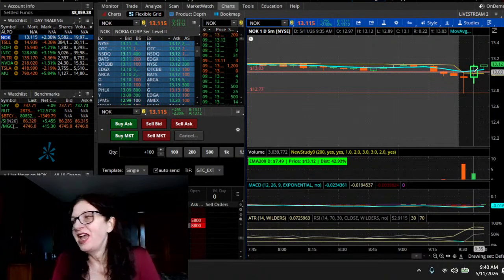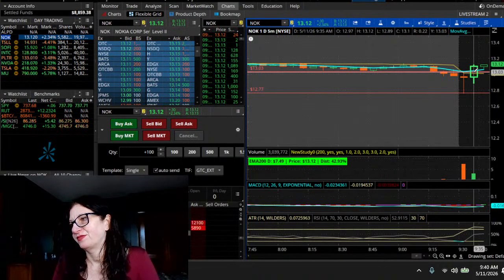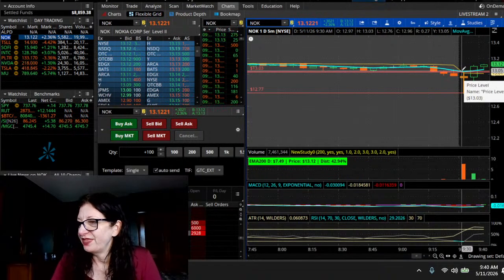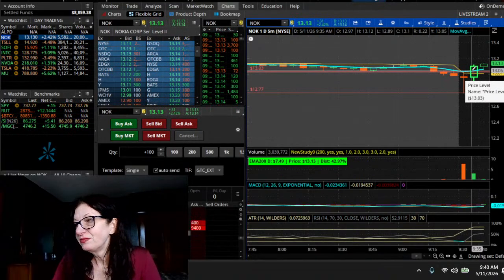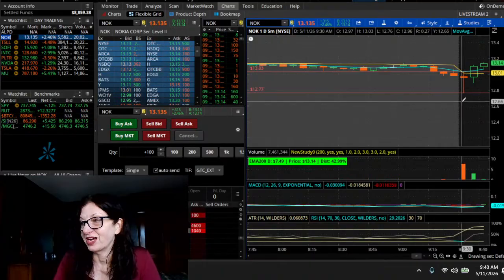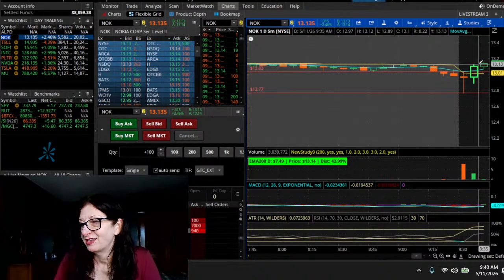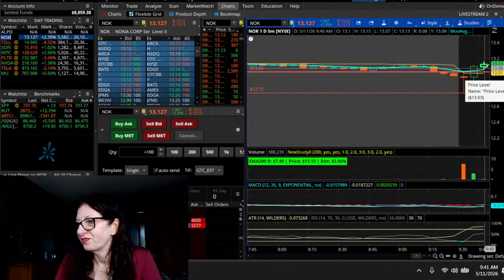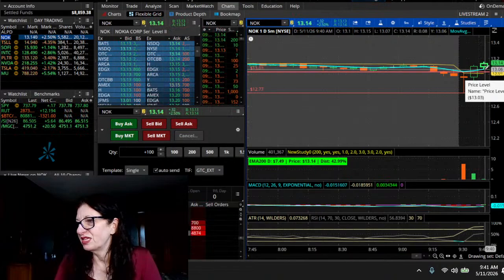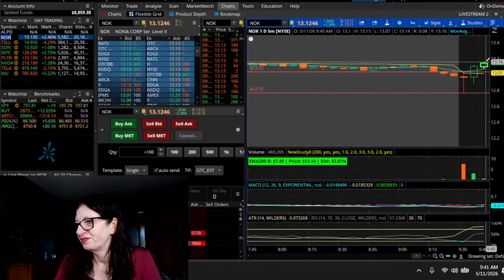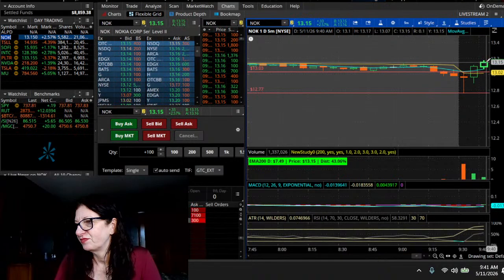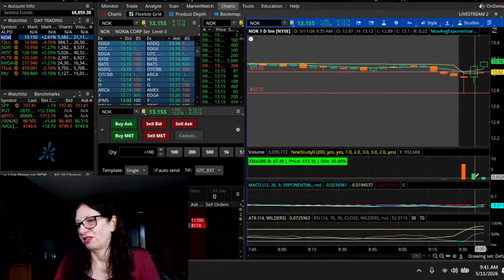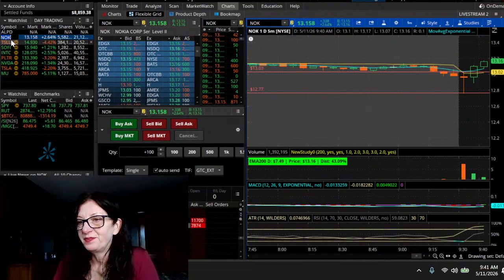So if I'd gotten in for like 10 shares, my stop would have been down here, and then I would have looked for exit indicators. I don't know if the exit indicators are the same. I haven't gotten that deep into the strategy yet. But this would have really held up. I could use the 9 EMA as the stop. But the volume is decreasing. That is the part that would kind of throw me off a little bit.